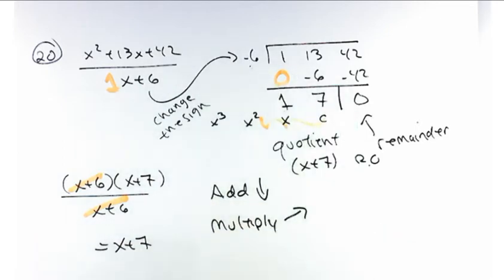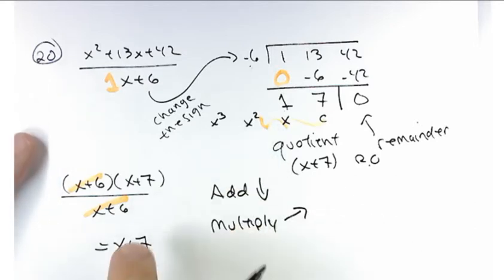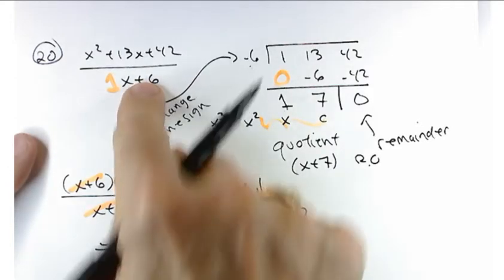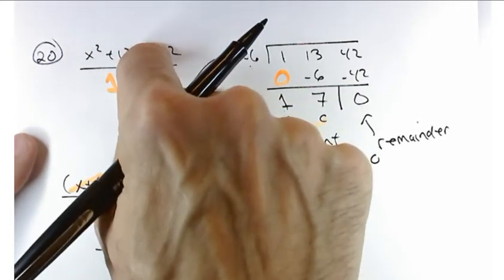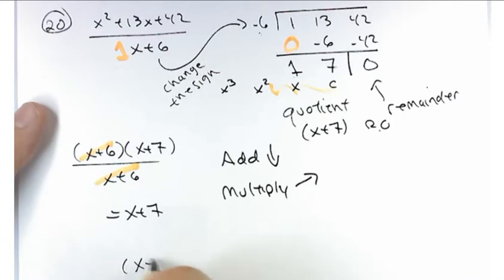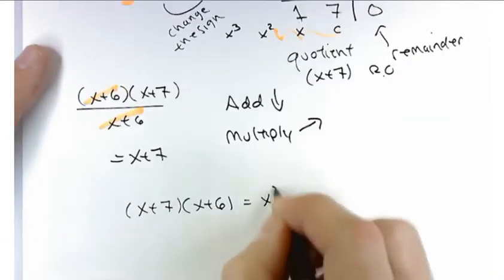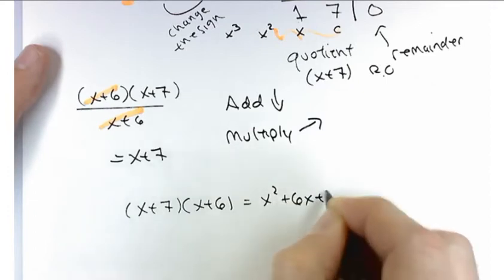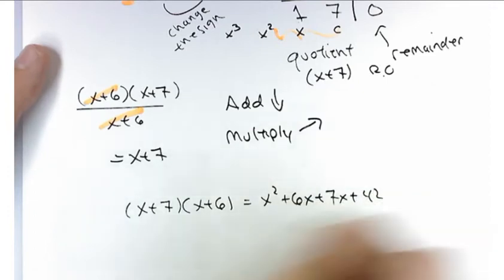Yes? Is there any way to go back and check your answers in this? Sure. Yeah, it's a great way. It's a really good question. If we wanted to check our answer, we should be able to take this times this and get what's in the numerator. So x plus 7 times x plus 6 gives me x squared plus 6x plus 7x plus 42.